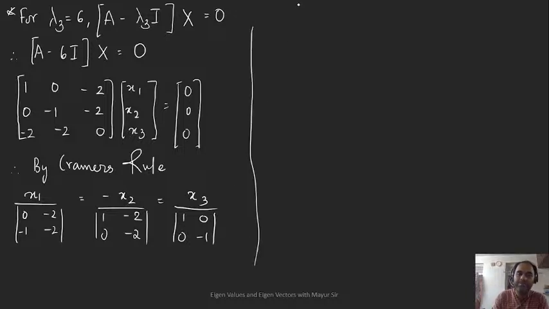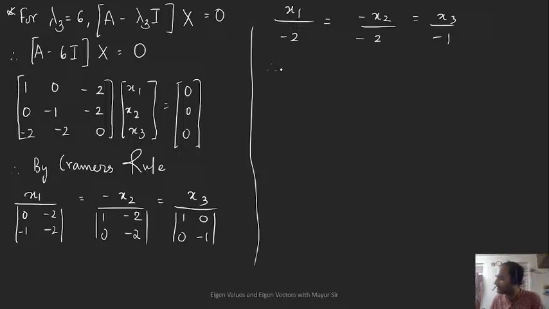This gives you x1 over minus 2, then minus of x2 over minus 2, x3 over minus 1. So here your eigenvector is coming to be... is something wrong? Is something wrong?